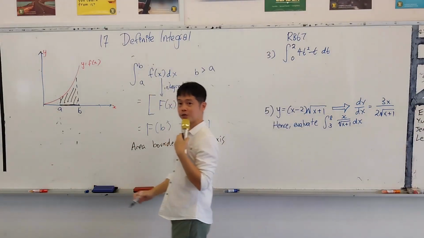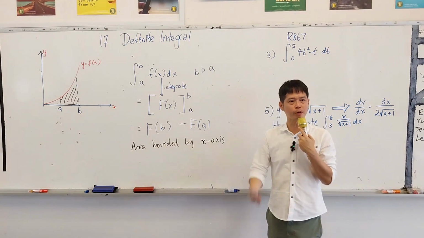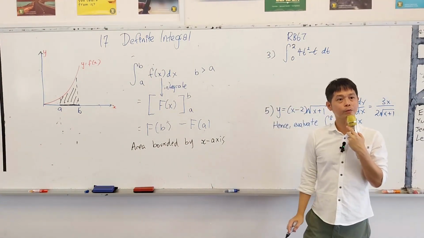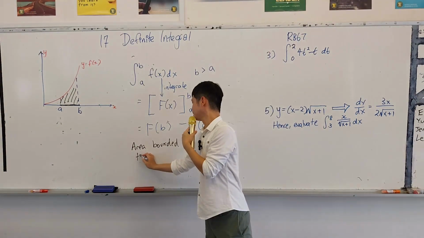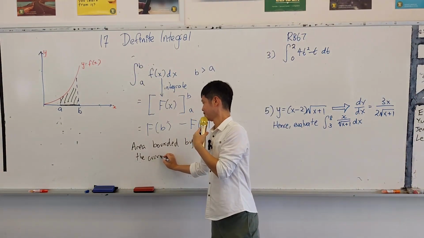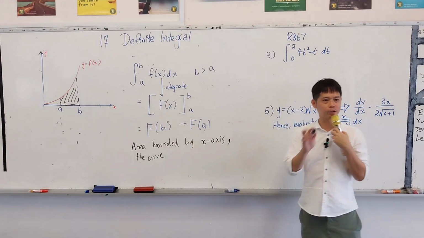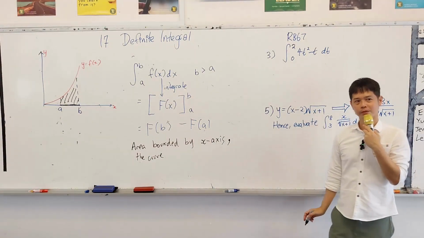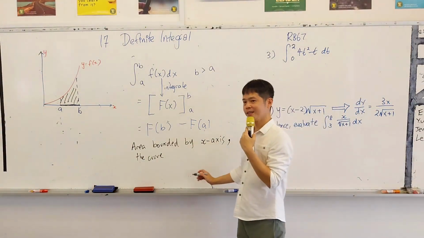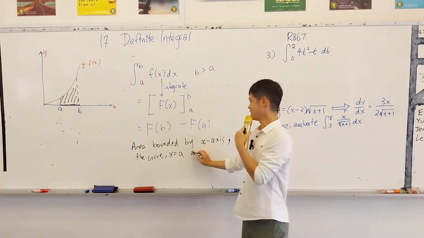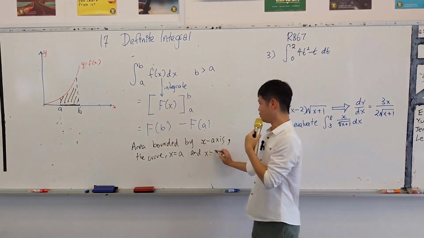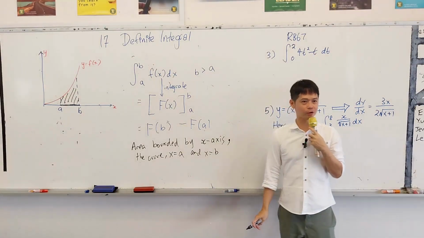Of course, it must be bounded by the curve. So 2 parts already. It's bounded by 2 more things: x equals A, and x equals B. Now this is a very, very important concept.